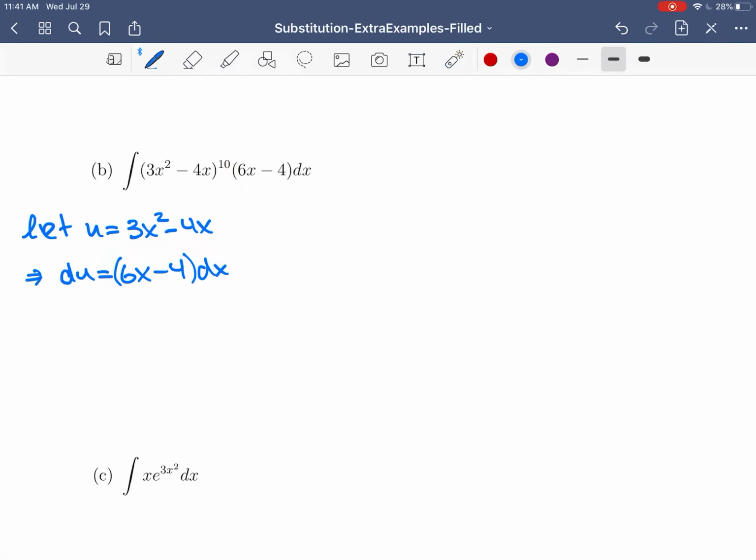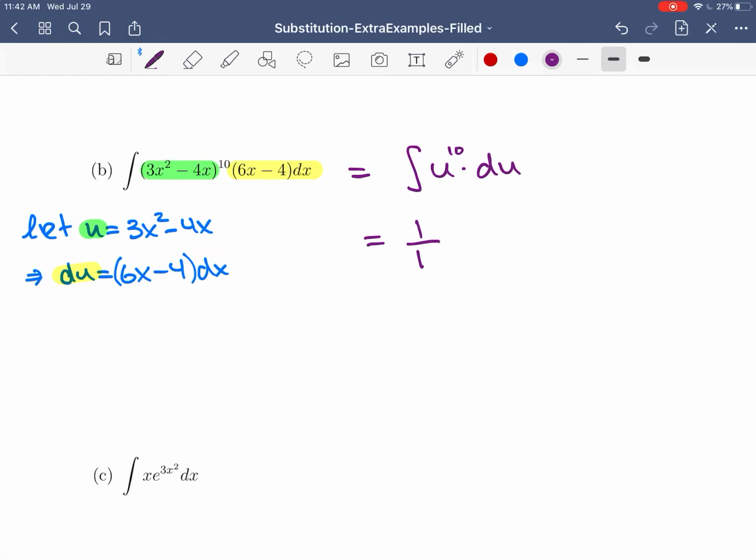So that means that this part is going to be my u, and this whole thing here is in fact my du. So when I go to u's, my integral becomes just u to the 10 times du. So I can take the antiderivative using the power rule.